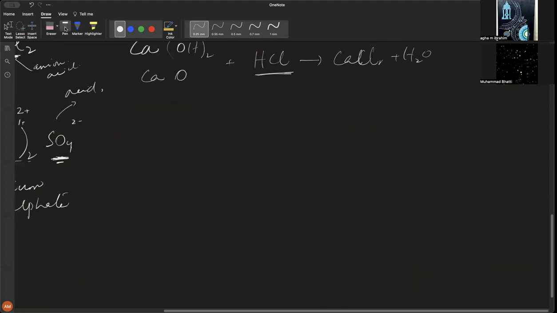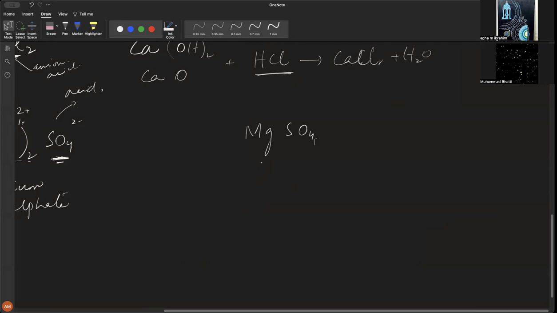What we have been talking about up till now is that whenever you come across a salt, let's say you came across a salt which was magnesium sulfate. What are the two components? Is this an ionic compound or a covalent compound?